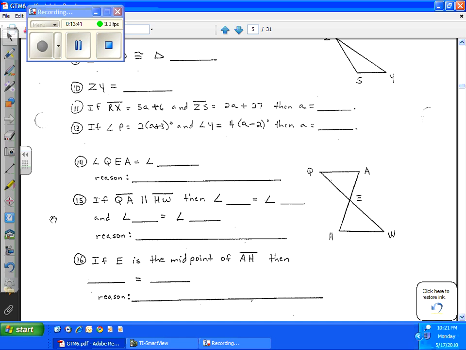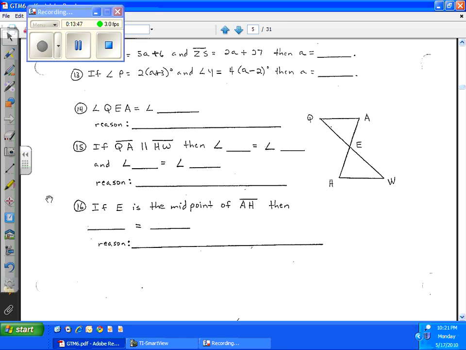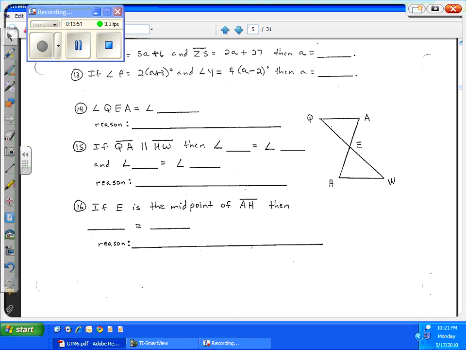You can do number 13. Angle QEA is equal to what angle? Well, we know that these angles are special. See? Those are what kind of angles?